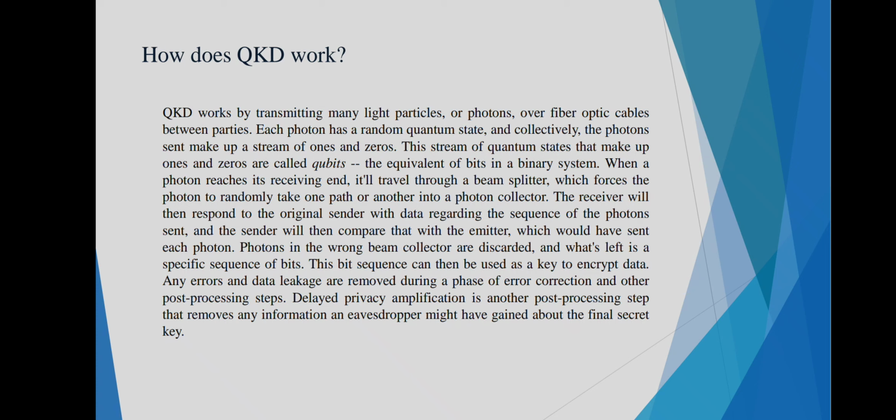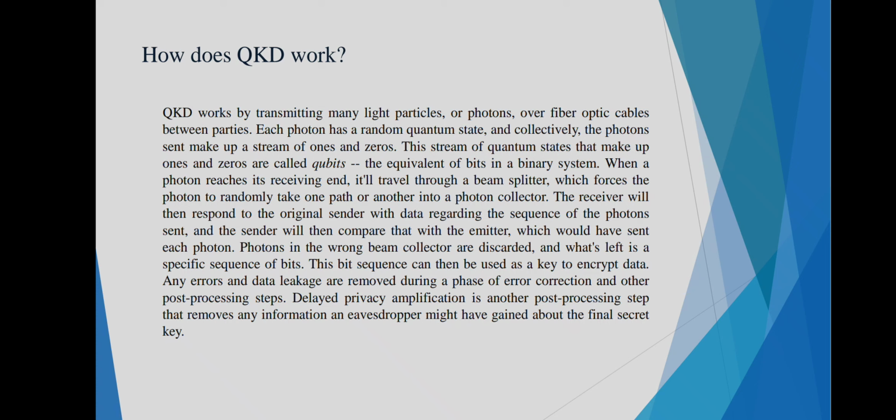When a photon reaches its receiving end, it will travel through a beam splitter, which forces the photon to randomly take one path or another into a photon collector. The receiver will then respond to the original sender with data regarding the sequence of the photons sent, and the sender will compare that with the emitter that would have sent each photon.